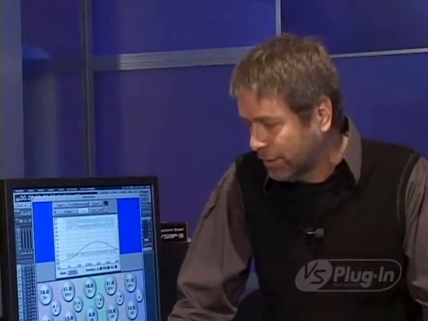A lot of people still record at 48 kilohertz or at a lower sample rate, and to give the equalizer the performance of a 96 kilohertz equalizer, when you're working at 44.1 and 48K, we internally upsample to 88.2 and 96 kilohertz, process our audio, do our equalization, and then downsample.